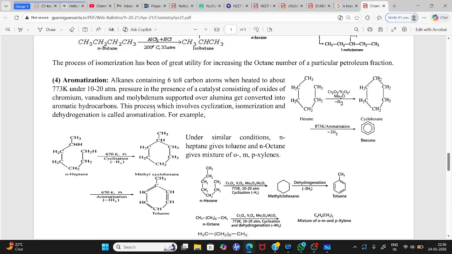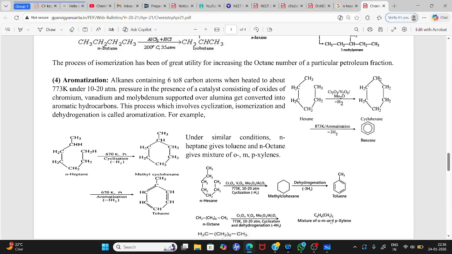This process involves cyclization, isomerization, and dehydrogenation. So the first step is cyclization. It allows the carbon atoms of the alkane chain to come closer to each other and cyclize towards each other. This is the catalyst. And further, there is removal of 3 units of hydrogen to aromatize to the benzene ring. Okay. So the second case is that of aromatization.